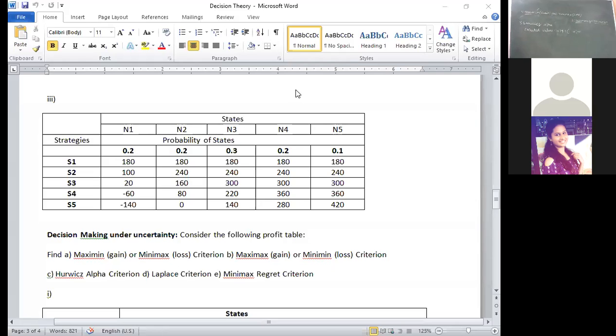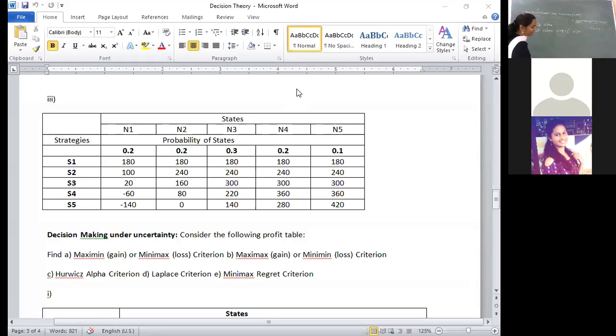Expected value is equal to alpha into capital M plus 1 minus alpha into small m. Here, alpha, they will give in the exam. Alpha always lies between 0 and 1 only. If you want to take 60% risk, you can take 0.6, and 1 minus alpha will become 40%, that is 0.4.